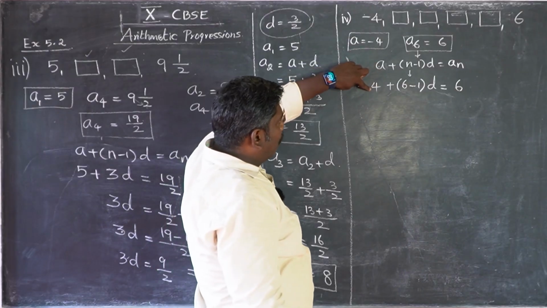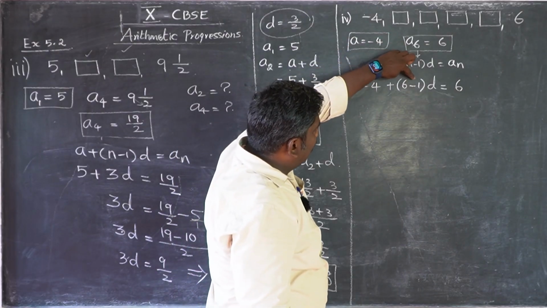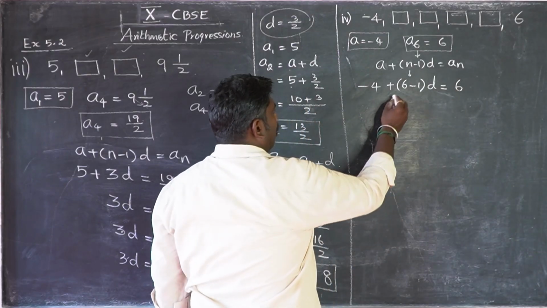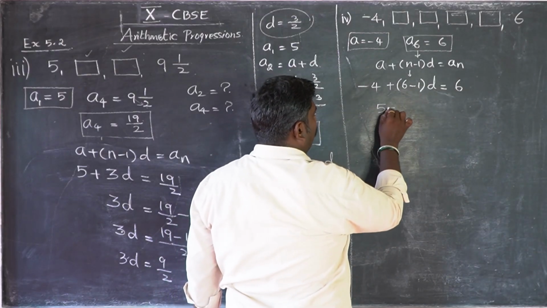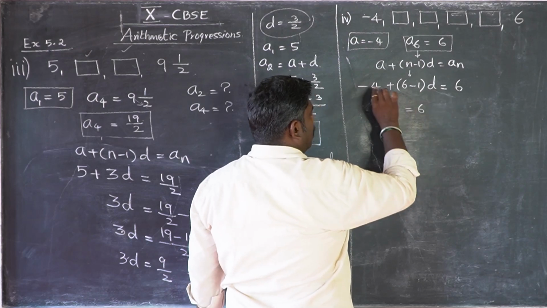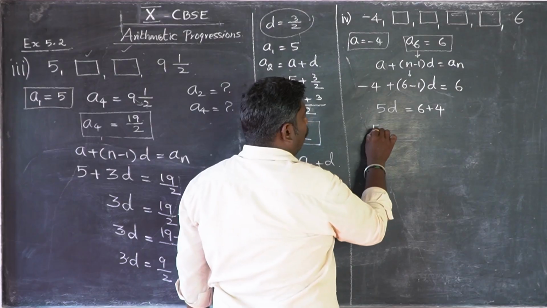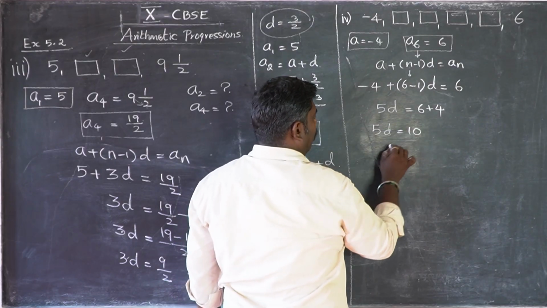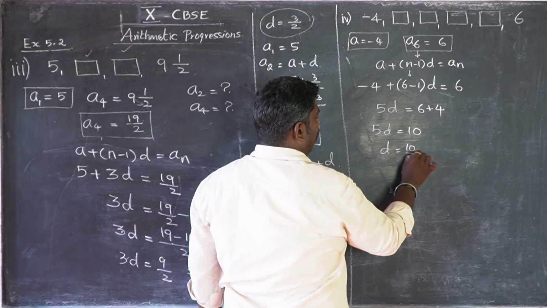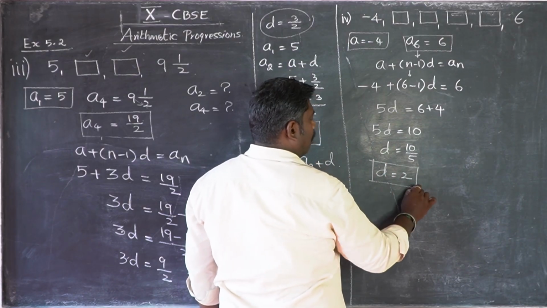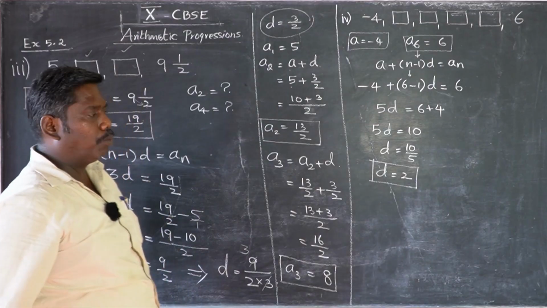So minus 4 plus 6 minus 1 into D equals 6. Here, 6 minus 1 becomes 5 into D. This minus 4 changed into the right hand side becomes plus 4. So, 5D is equal to 10. D is equal to 10 by 5, and D is equal to 2. So common difference is 2.